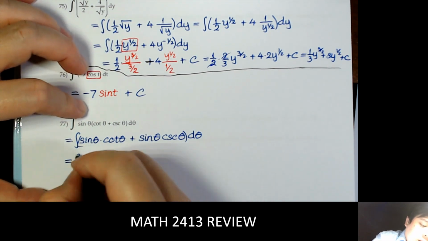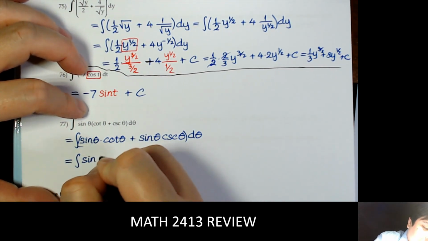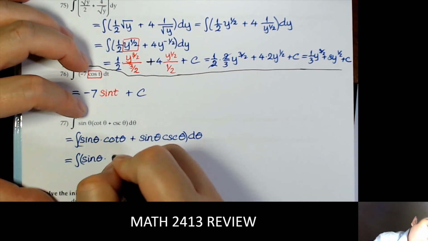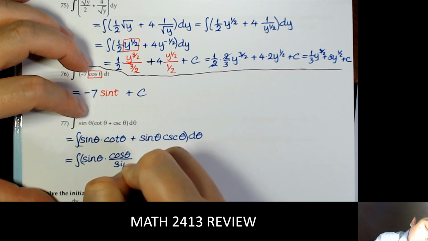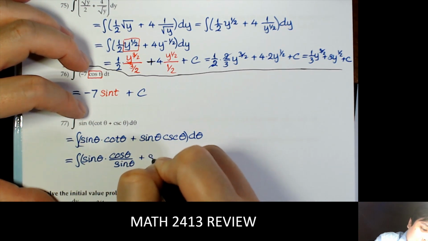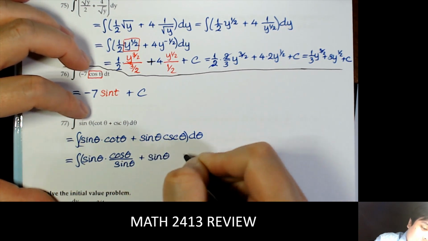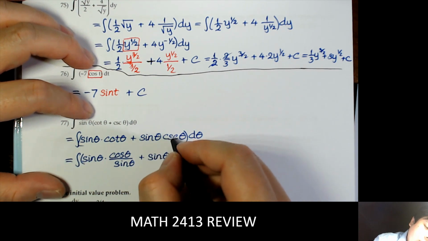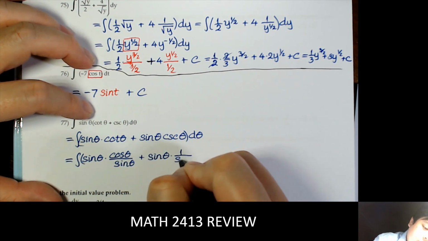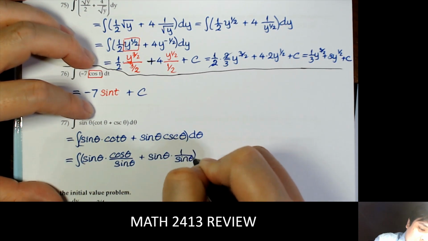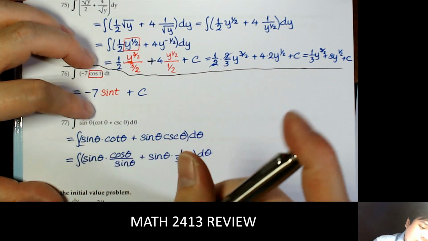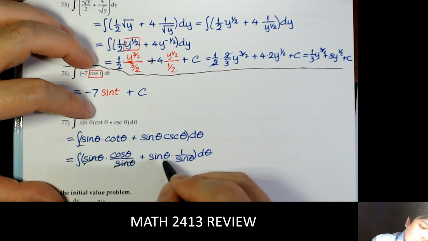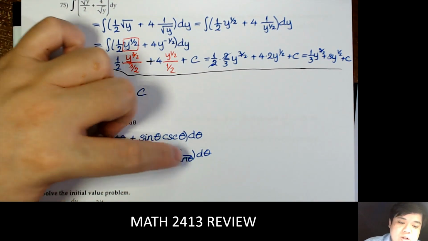Now sine theta cotangent is cosine over sine, and cosecant is 1 over sine. So cancel the sine. We just have cosine plus 1.